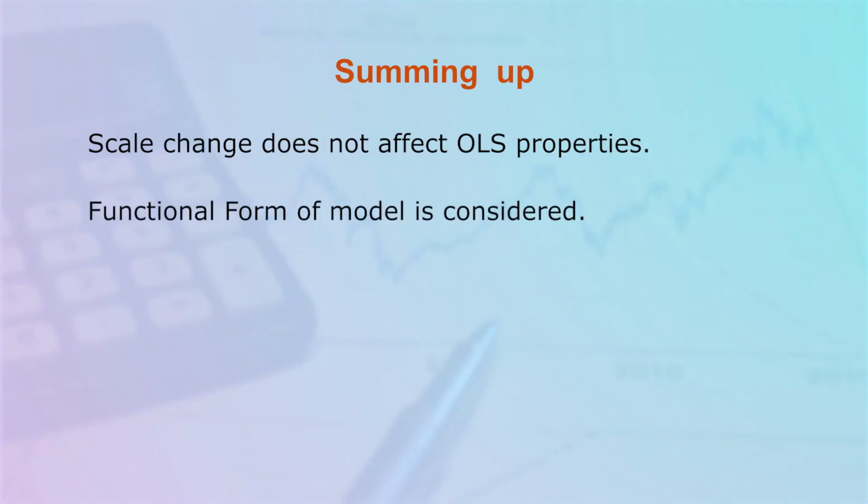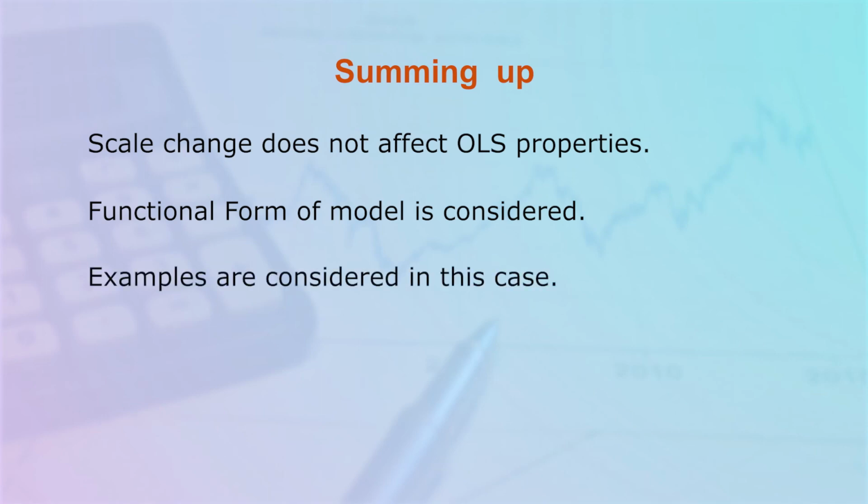The functional form of the model is considered, as we have discussed types of functional form: linear, log-log, linear log, and finally reciprocal. Adequate examples are also considered. So this module brings us to the discussion on the scale of measurement, and it emphasizes repeatedly that scale changes do not affect the OLS properties of the estimators.